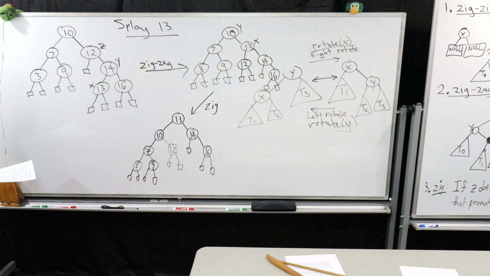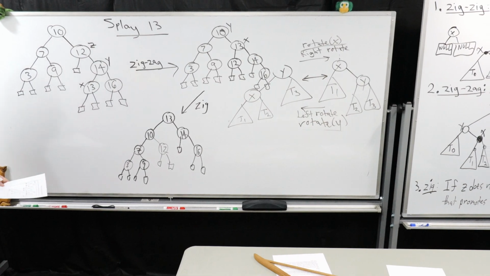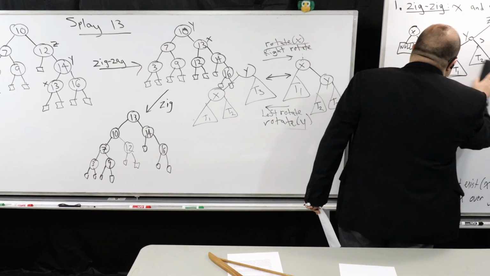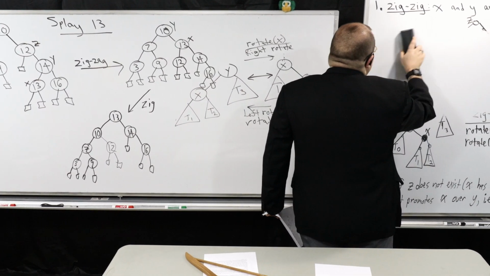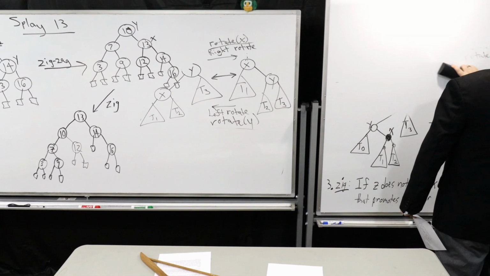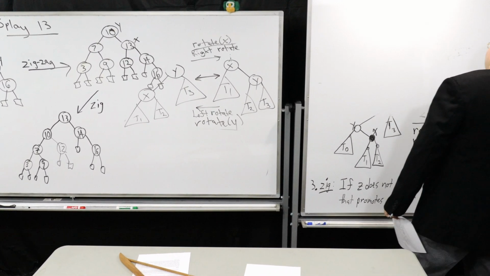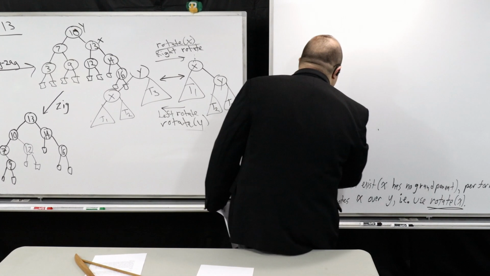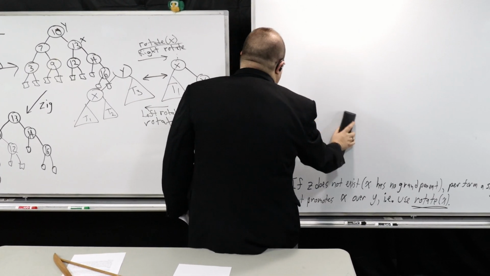So let me get to talking about how we actually use the splay operation, because everything about the splay tree, I must stress, is just a binary search tree. I'm just going to add this operation in. If you know how to work a binary search tree, all you do is add this splay operation at the end.